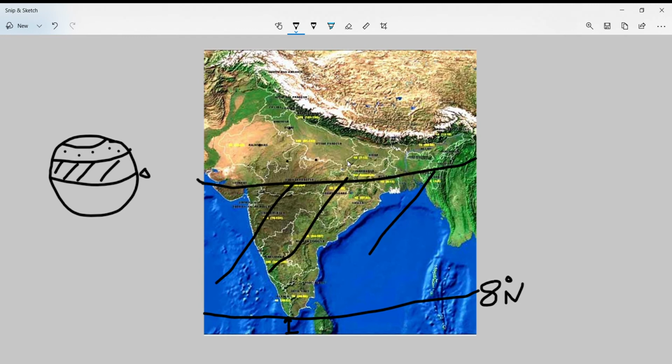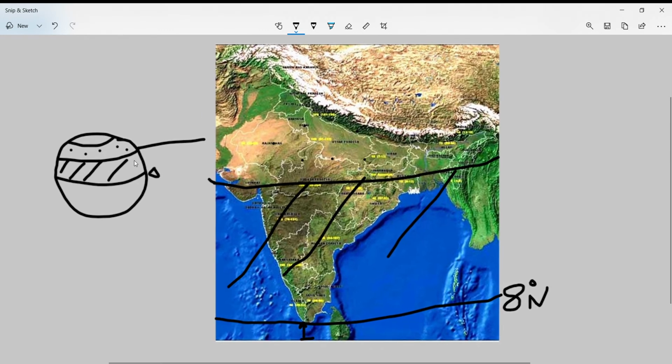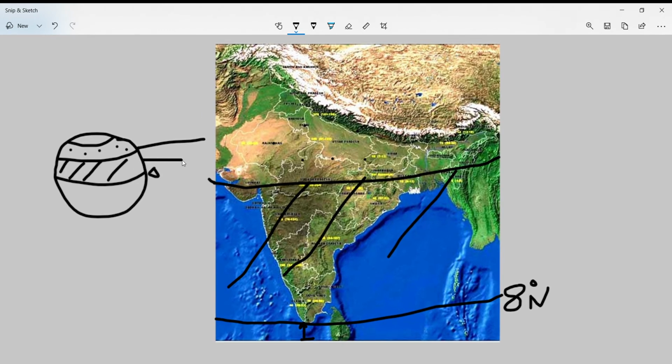From 0 degree equator to Tropic of Cancer is torrid zone. This area receives direct sun rays and it's a very hot region. This portion is neither too hot nor too cold.